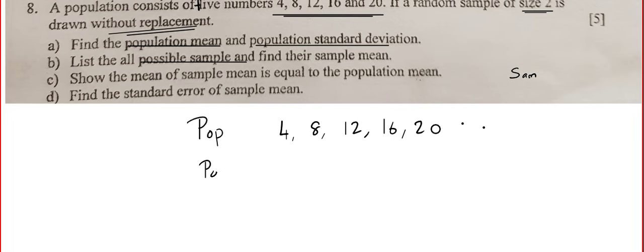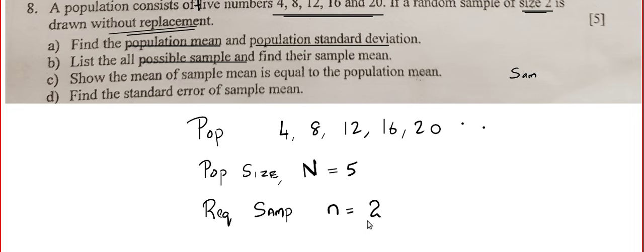Now the second thing is you write the population size, and since it is finite, it makes sense. We can write population size capital N equal to 5. And then you can write the required sample size. It will be mentioned in the question, small n is equal to 2. Now they are asking us to list all possible samples.